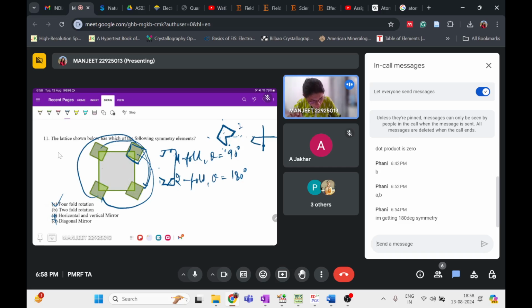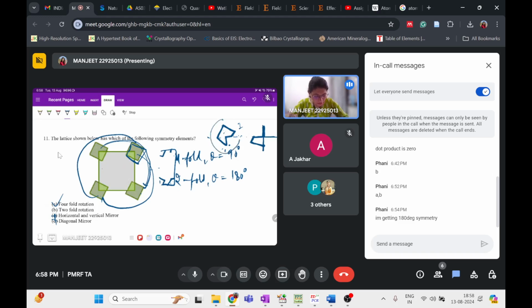And this atom that is present here will go to here now, and there is nothing here, so it will go to here again, like this way. Are you getting my point? So the two-fold rotation is not there.